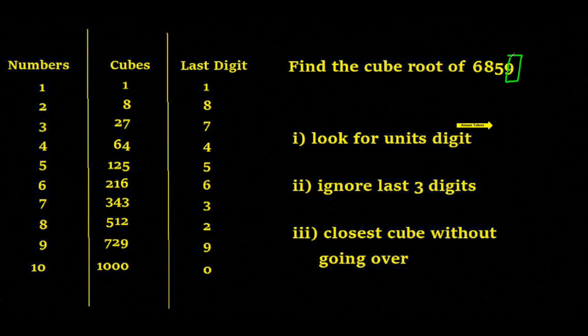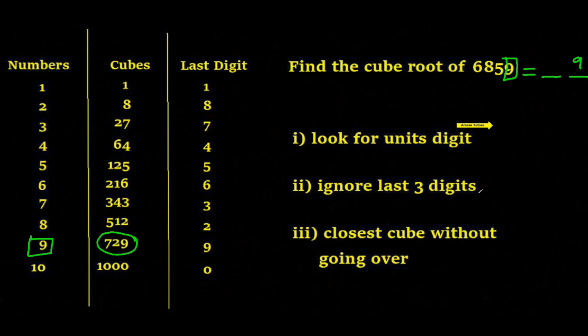Now, find the respective number in the number column for the cube ending in 9. So here, this is 9. What is the number related to that? 9. So, as I already mentioned, the answer is going to be a 2-digit number. So, the final digit is 9.